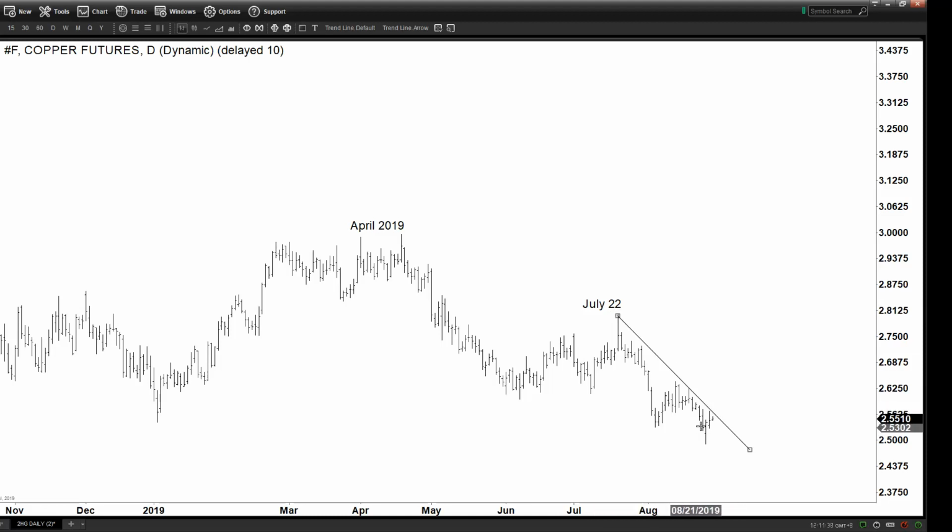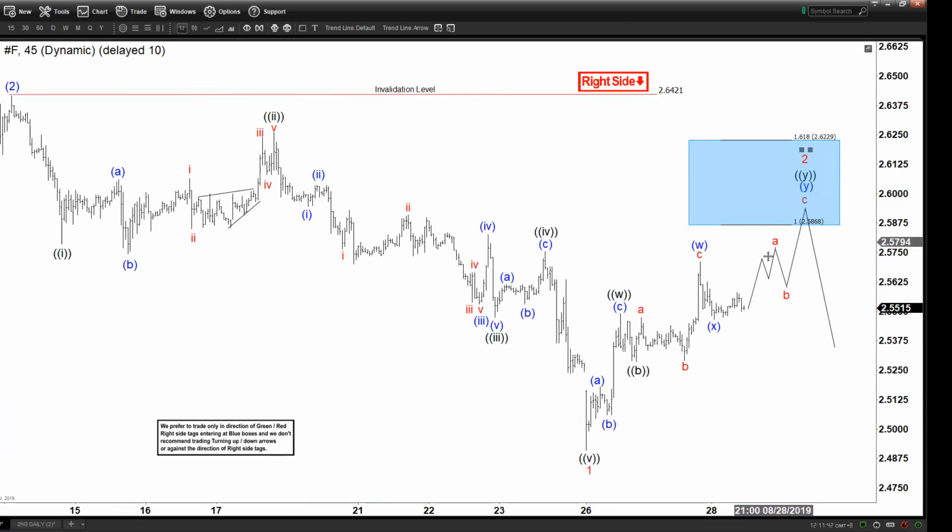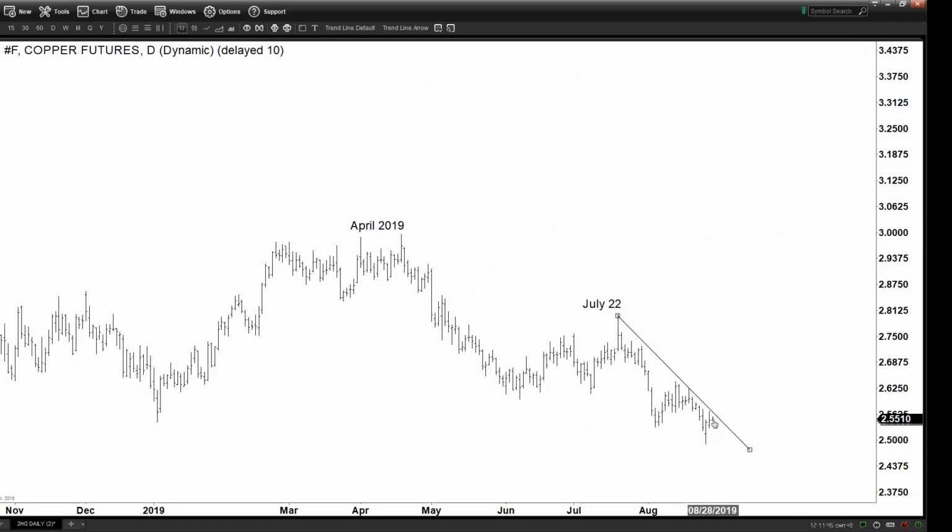So that's why there is a possibility here that we may not do this. We already hit the trend line, and then perhaps instead of making a marginal high, we fail already and start to extend lower again.